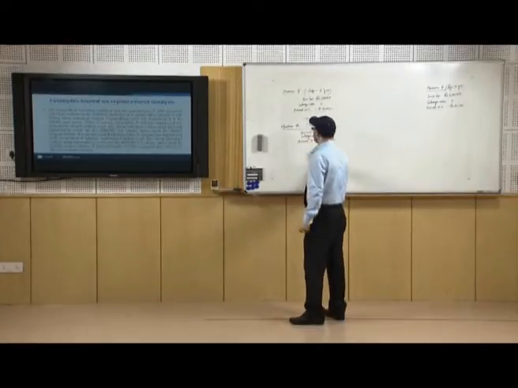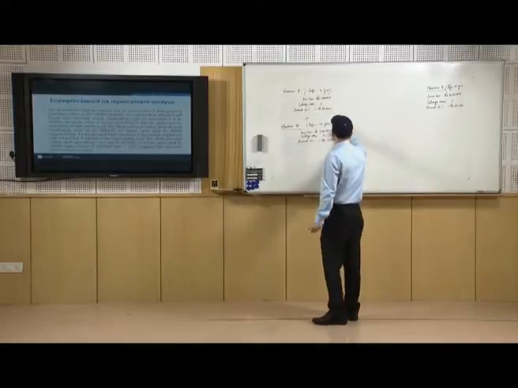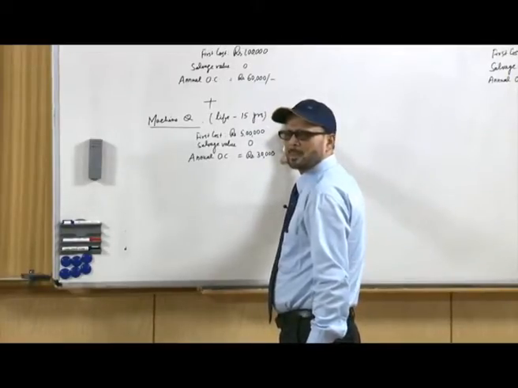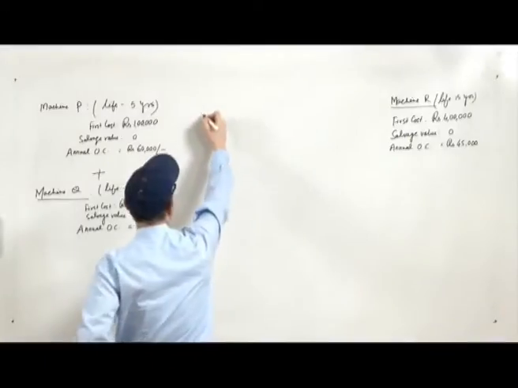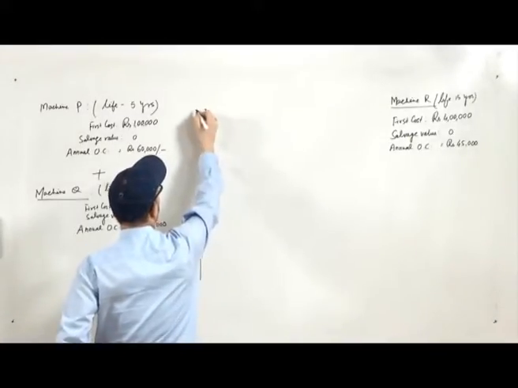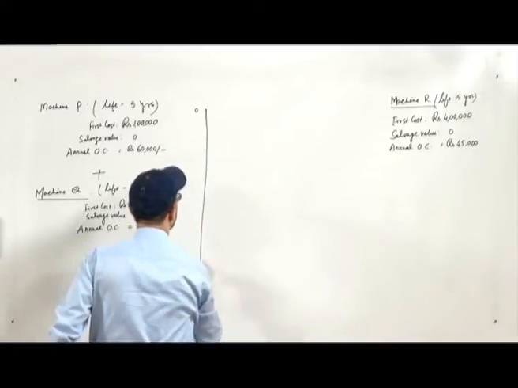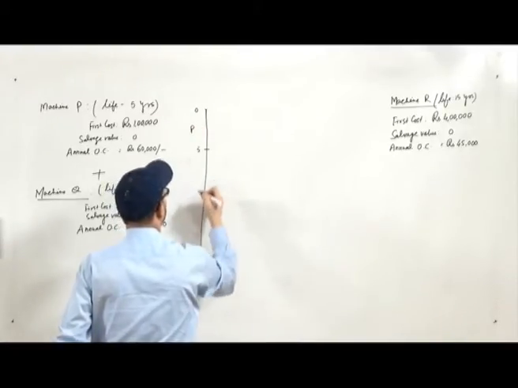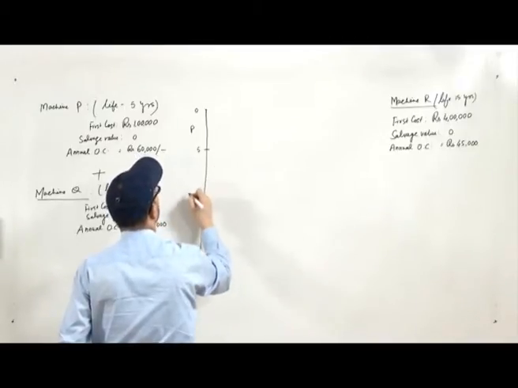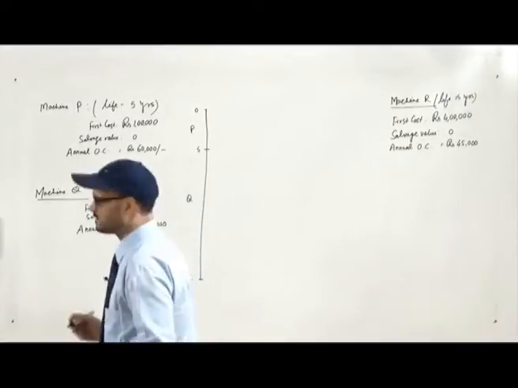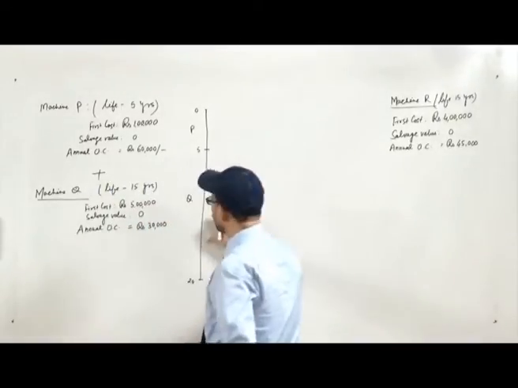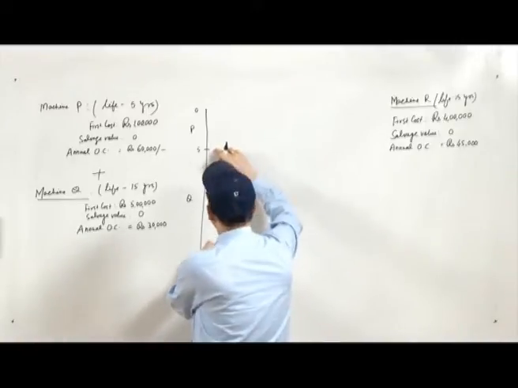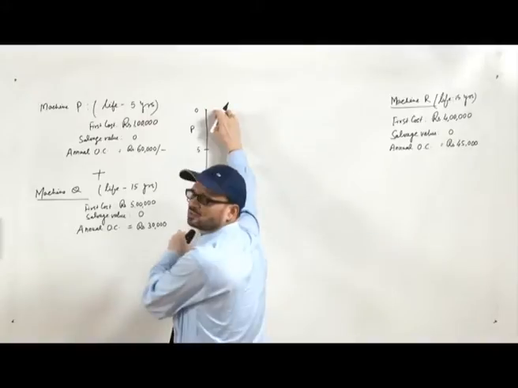For finding the present worth, we find the annual equivalent value for this machine. We have 0 to 20 years: up to 5 years you have machine P, and after that the next 15 years will be machine Q. For this portion you find the annual equivalent value of these 10 years and then you find the present worth value.